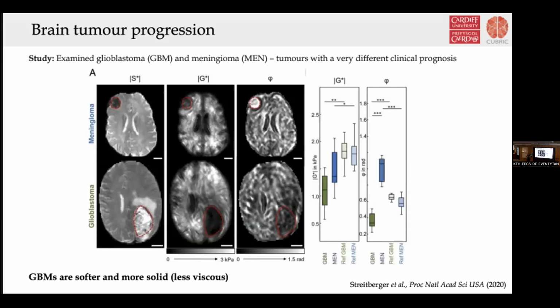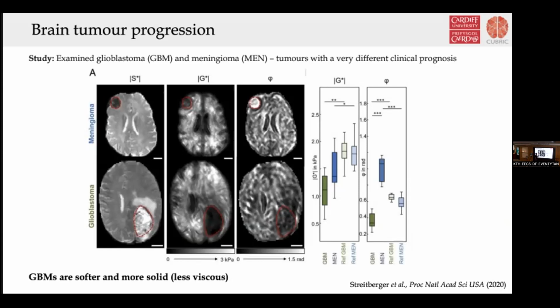Overall, glioblastomas are grade 4, with very poor prognosis and a high risk of short-term recurrence after surgery. Here you can see that in the meningioma case, the tumour is fairly soft compared to reference tissue, and it's highly viscous.